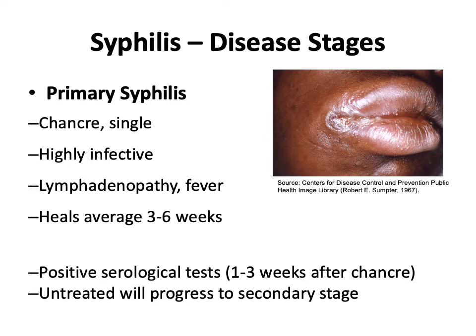This is the stage at which the disease may be diagnosed by dark field microscopy. Serological tests will generally be positive within 1 to 3 weeks of the appearance of the chancre. If a chancre appears but serological tests are negative, it is likely in the early phase of this stage.